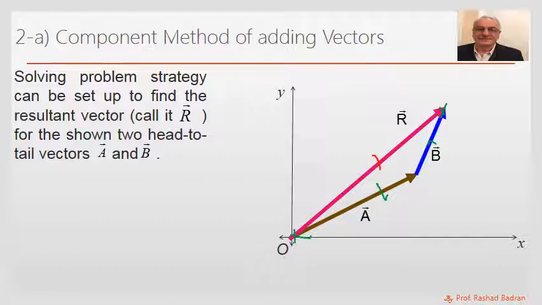Its direction can also be estimated by using a protractor to find the angle of R with respect to the x-axis. Now, how can we find the resultant algebraically by using the component method? Next, we're going to set up a solving strategy to do that.